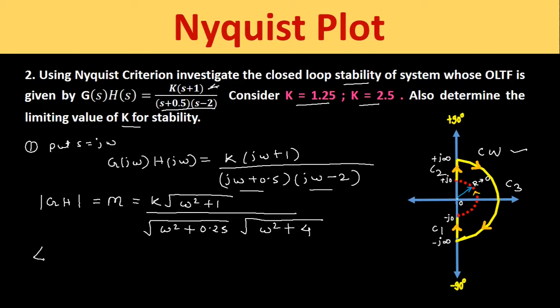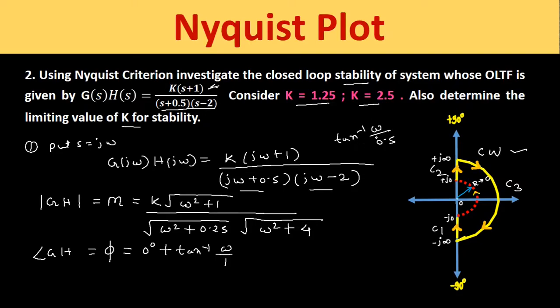Now we have to find out the angle of G(j omega)H(j omega), which is represented by phi, equal to, for this K we have 0 degree angle, then for this j omega plus 1 we have plus tan inverse imaginary is omega divided by real is 1. Then for this j omega plus 0.5 we will have the phase angle tan inverse omega by 0.5.